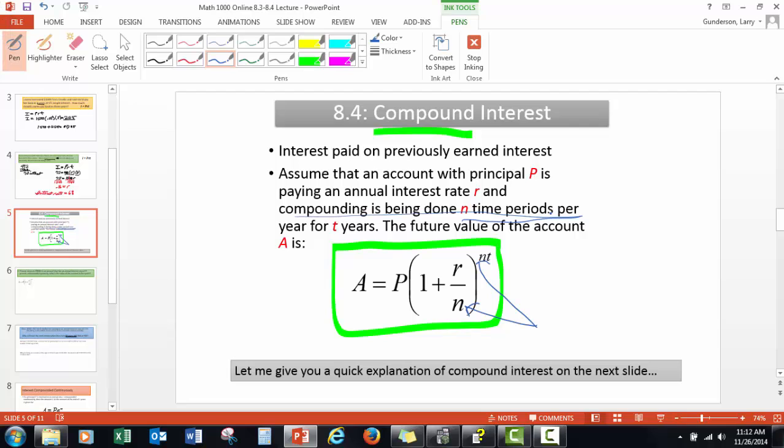If it said quarterly, that means your money's being compounded 4 times a year. If it says daily, or let's say weekly even, you'd use 52 for n. So the n stands for how many times your money is being compounded per year. The r and the t are the same as the other formula. It's your interest rate and your time.